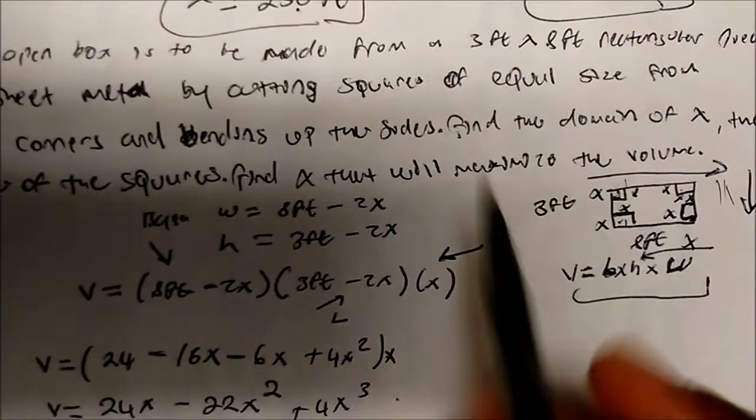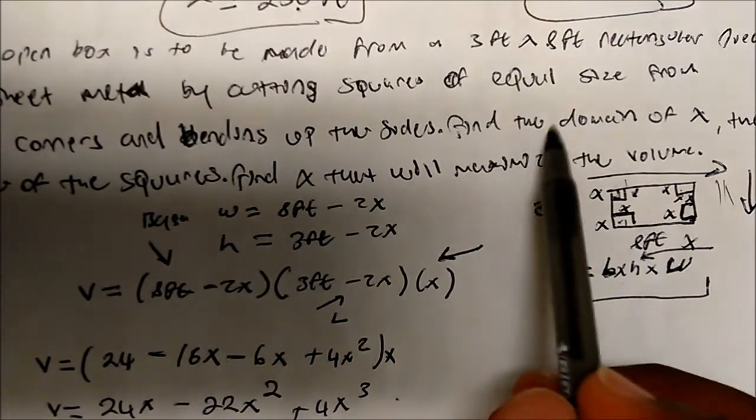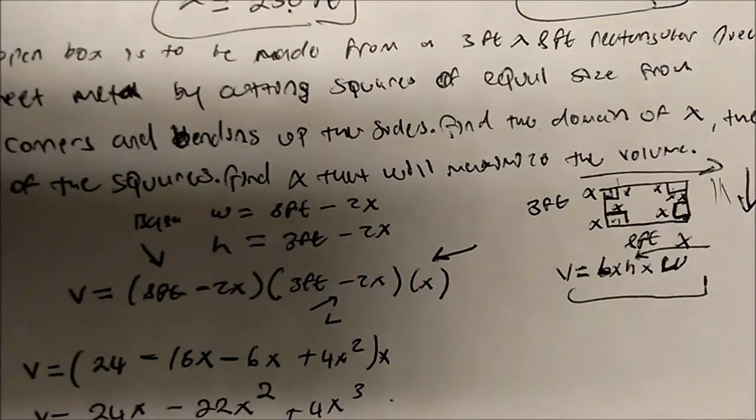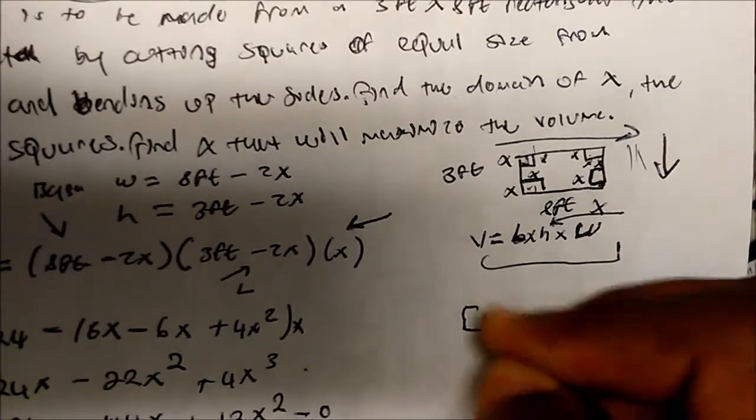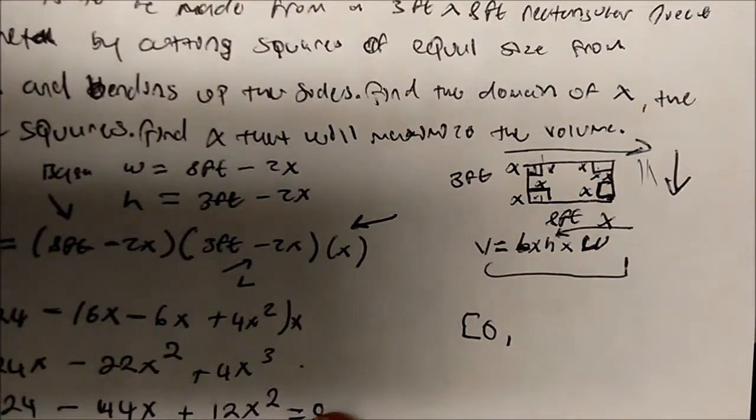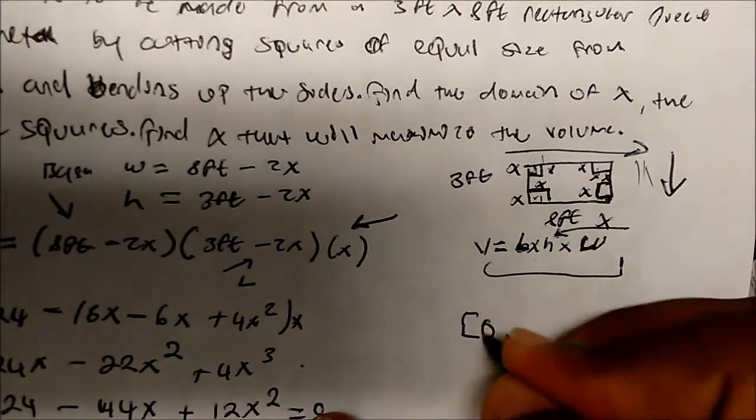Well, we got to go back up to here and kind of find the domain. So what's the smallest amount of box you could cut out? Well, that's going to be equal to 0. Right? If you cut out 0 box, you have none, and so that will be your smallest. Right?